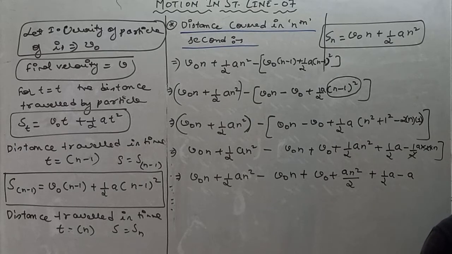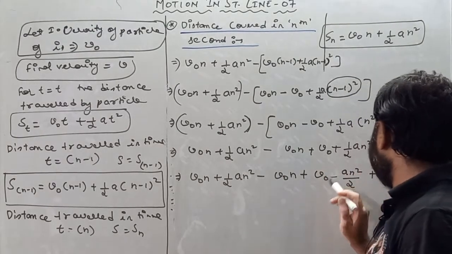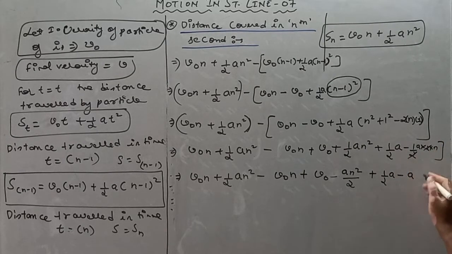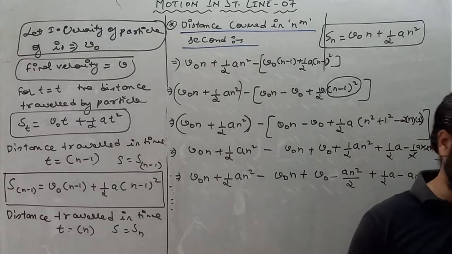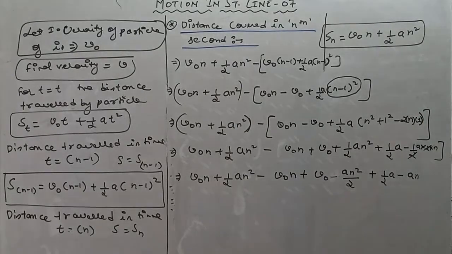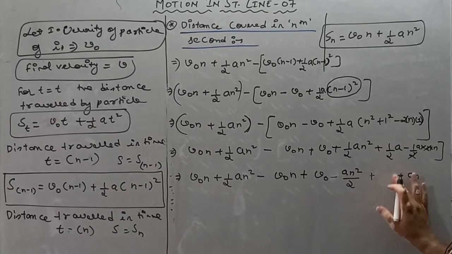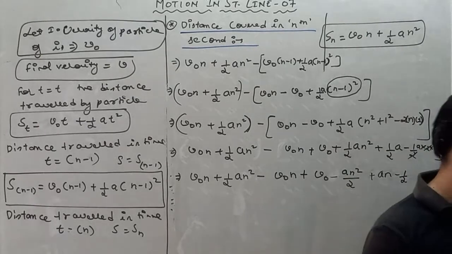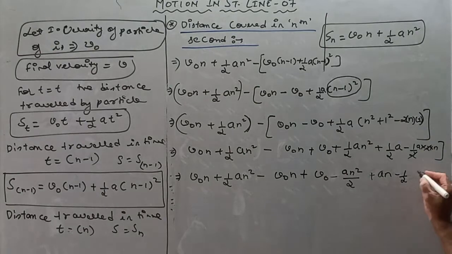We'll get v naught n plus half a n square minus v naught n plus v naught minus half a n square plus a n, and so on.